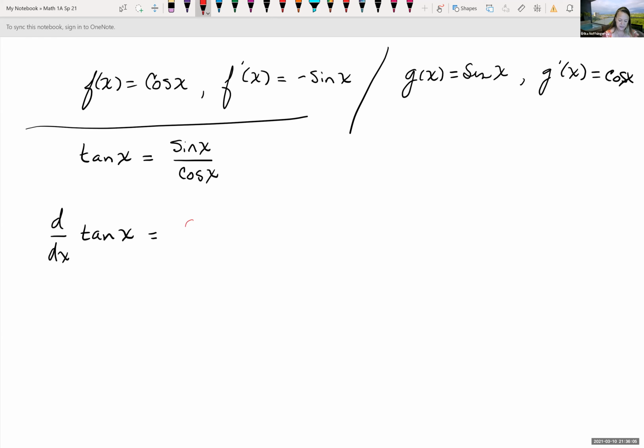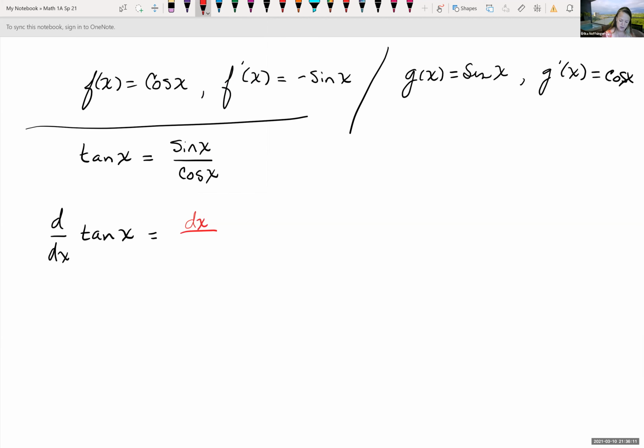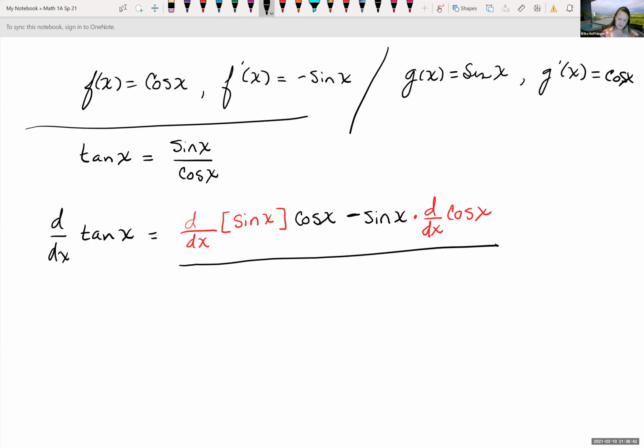The quotient rule says we're going to look at the derivative of the numerator, so d dx of sine x, times the denominator, cosine of x, minus the numerator, sine x, times the derivative of the denominator, so times d dx of cosine of x, all over this denominator squared. So cosine of x quantity squared.